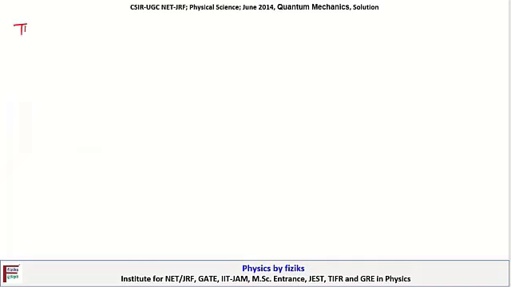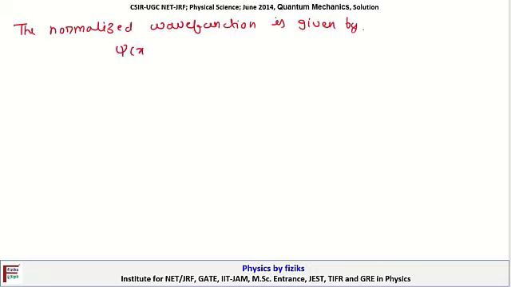The normalized wave function is given by psi of x is equal to root 16 by 5a sin cube pi x by a.